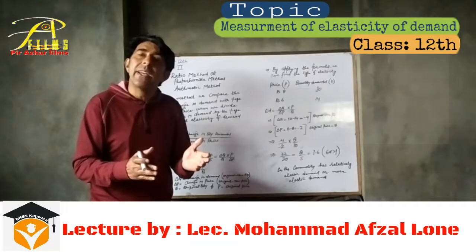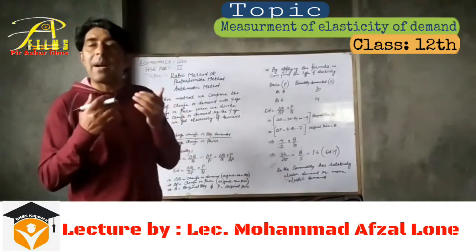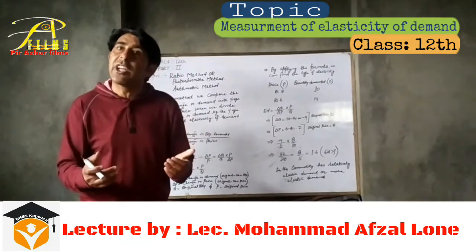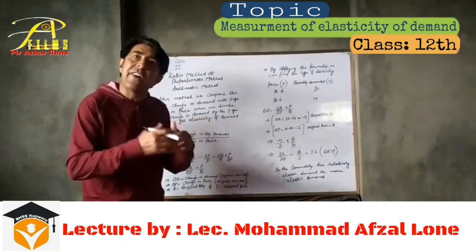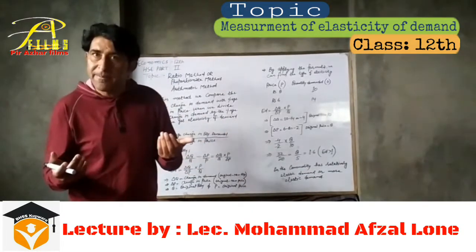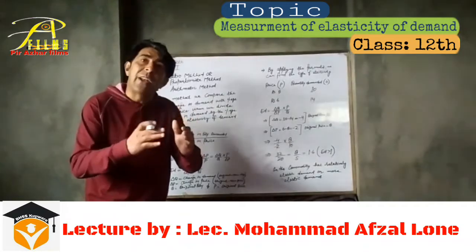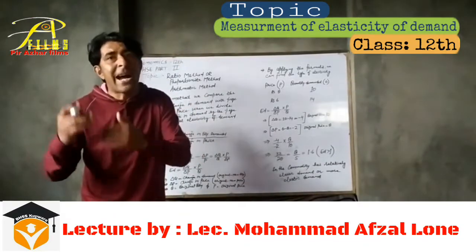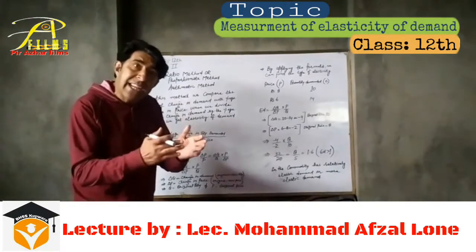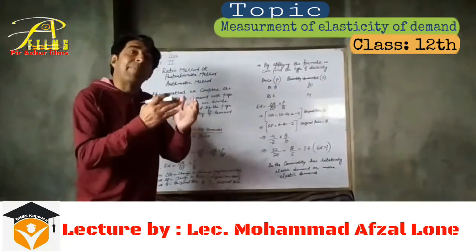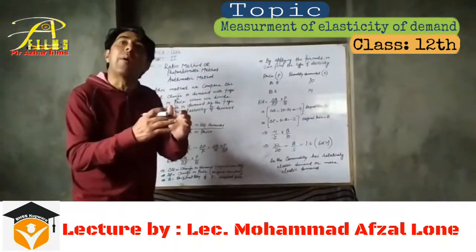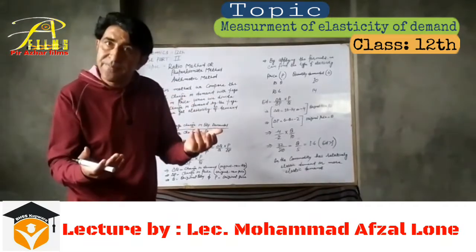By this method, elasticity of demand of a commodity is measured by taking into consideration the change in the quantity demanded of a commodity as a result of change in its price. So, when we measure the elasticity of demand by Flux's proportionate or percentage method, we take into consideration the percentage change in the quantity demanded of a commodity as a result of percentage change in its price.